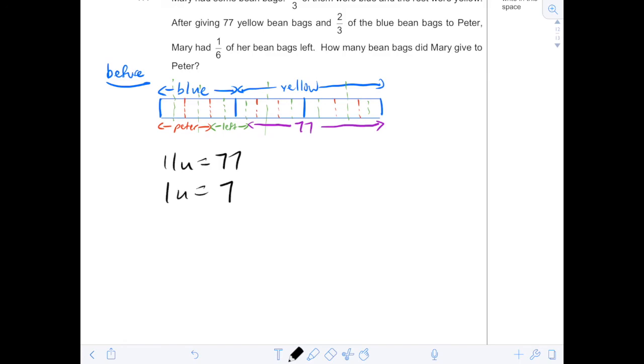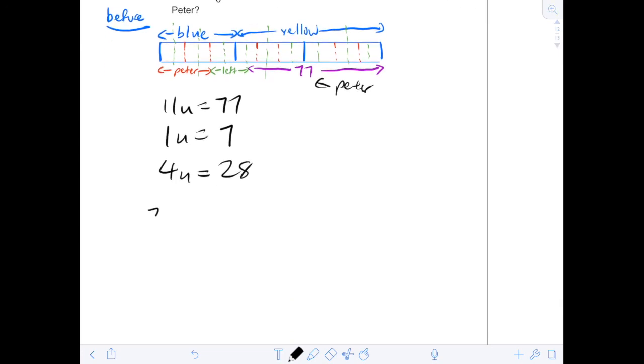Peter was given 1, 2, 3, 4 units. So 4 units is 28. And because this 77 was given to Peter also, we just have to take the 28 plus the 77 to find the total number of bean bags that was given to Peter, which is 105.